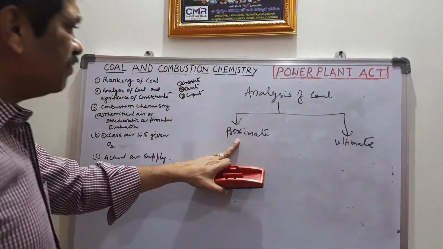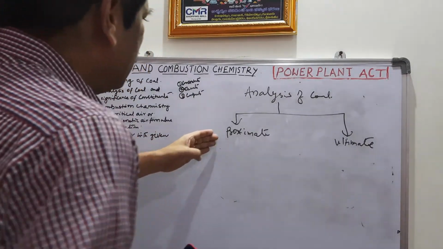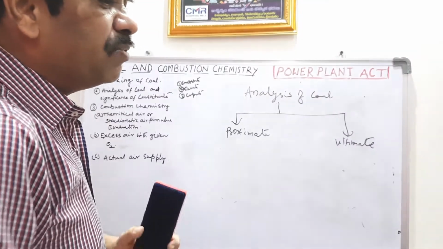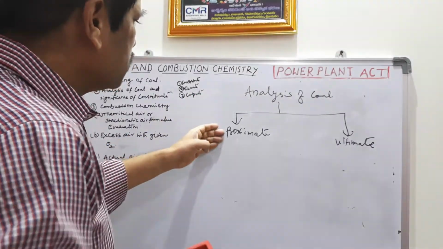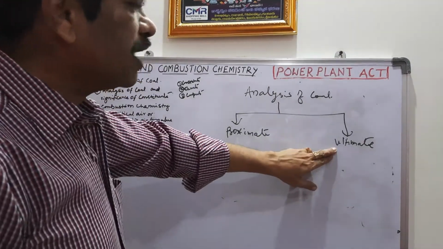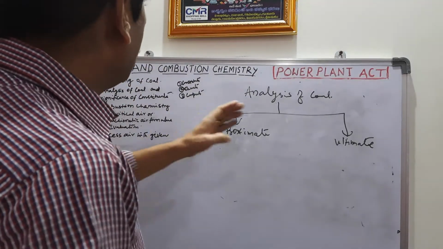Proximate analysis is carried out for finding the elements in the coal which we can find easily, that means more effort is not required, whereas for ultimate analysis we have to find out so many components.